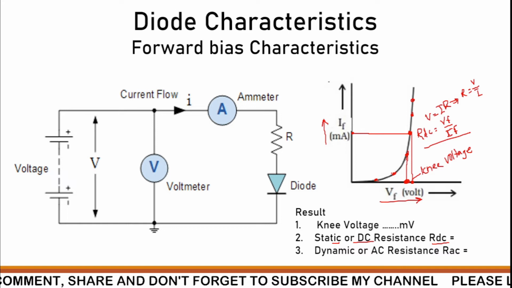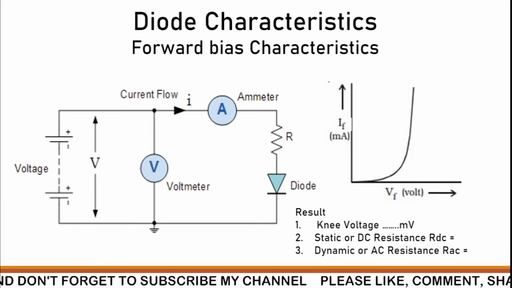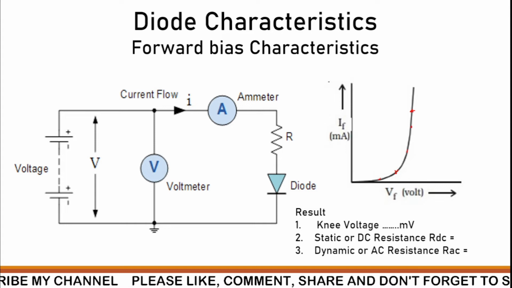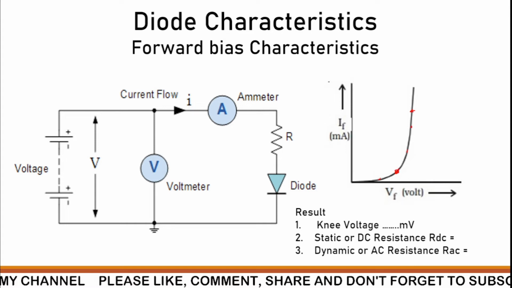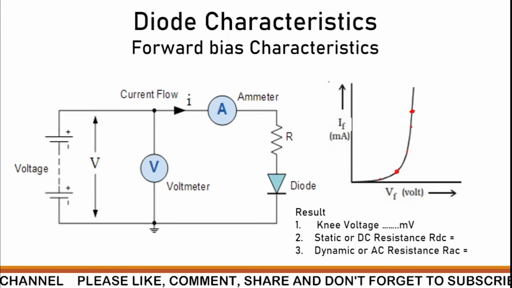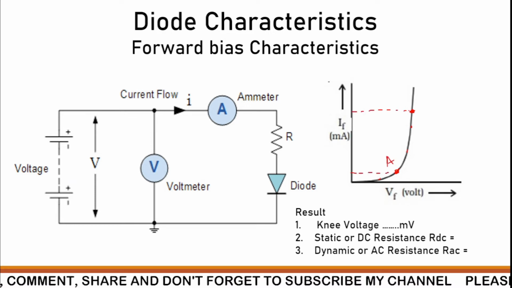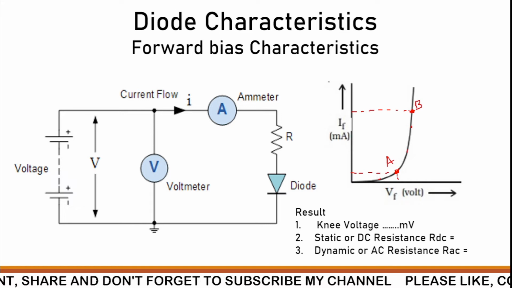How do we calculate the dynamic resistance? These are the points, and you can take any two points. If I take this point and this point, there is a change in the voltage. I am going to draw a line on the y-axis for this point as well as this point. I call one point A and the other point B, and I also plot them on the x-axis.